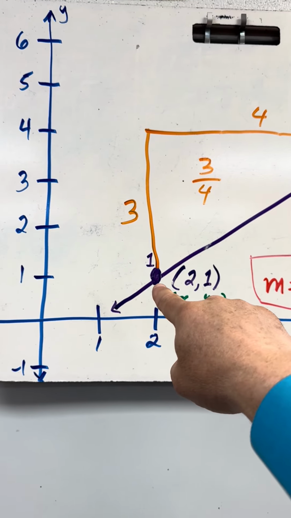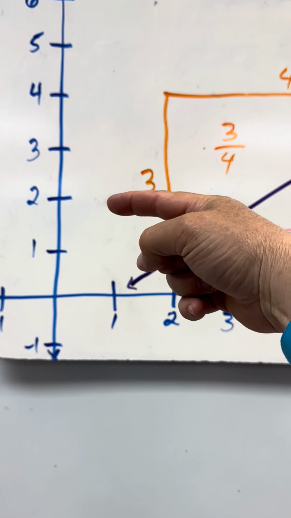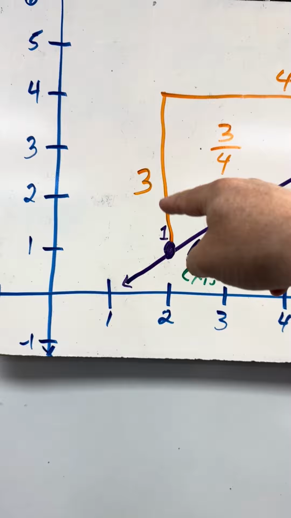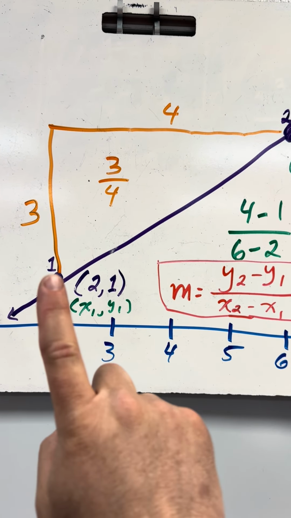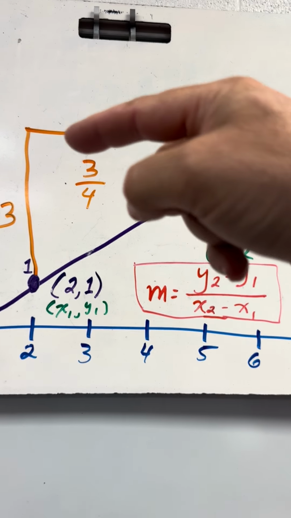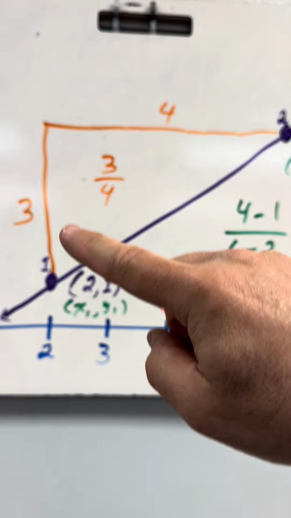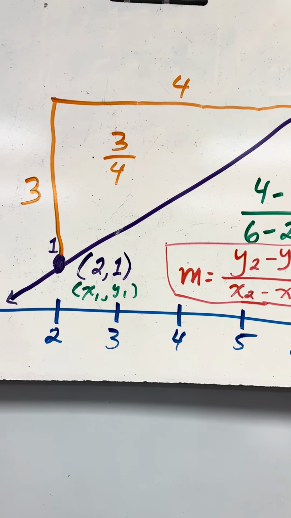How far do we rise or go up? Would you agree that we go up 1, 2, 3? We go up 3. How far do we run? We run 1, 2, 3, 4. We run 4. You go up 3, you go over 4, and that's your slope, 3/4.